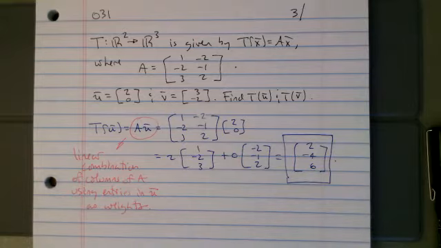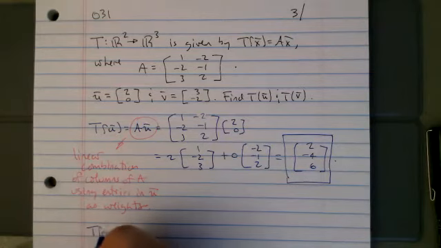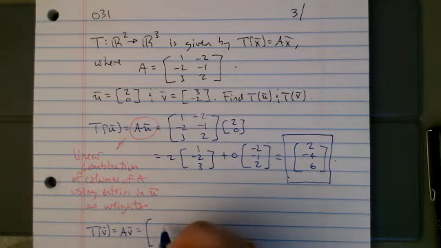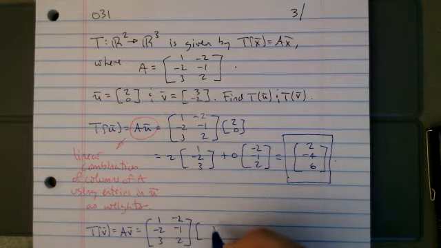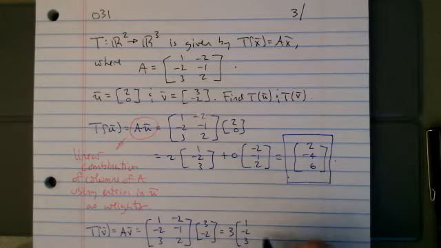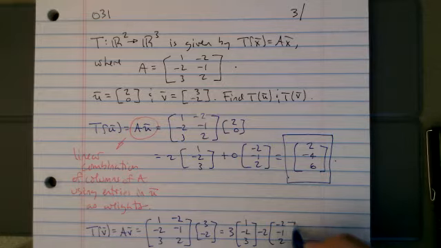For T of V, we just do A times V. So we just take A, 1, negative 2, 3, negative 2, negative 1, 2, and multiply by the vector, 3, negative 2. So that'll just be 3 times 1, negative 2, 3, minus 2 times negative 2, negative 1, 2.